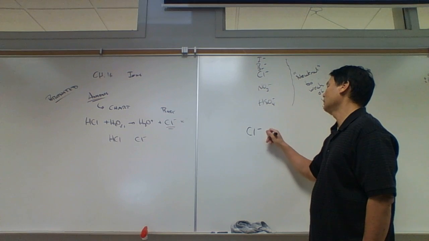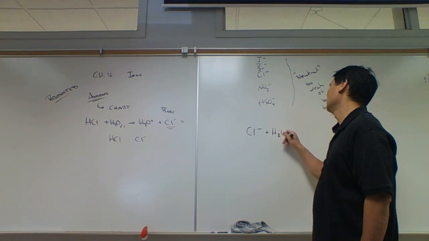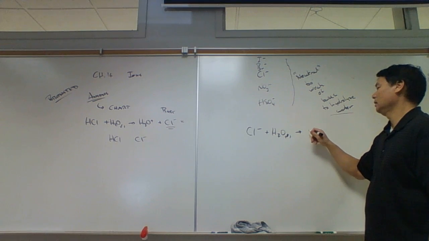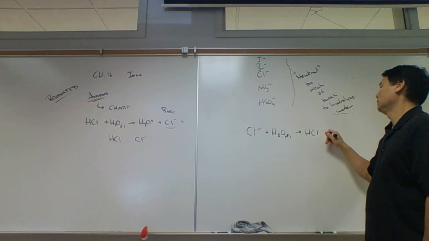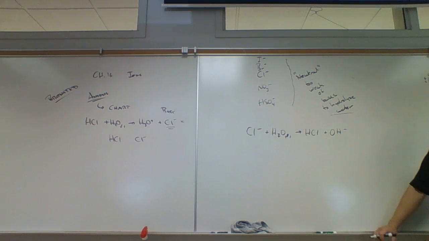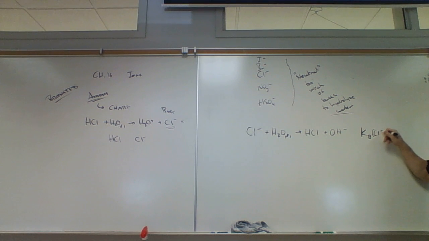So chloride plus water would yield what? HCl plus hydroxide. Let's figure out what the Kb for this is. The Kb for chloride is equal to Kw divided by the Ka for what acid? What's the conjugate acid of chloride?